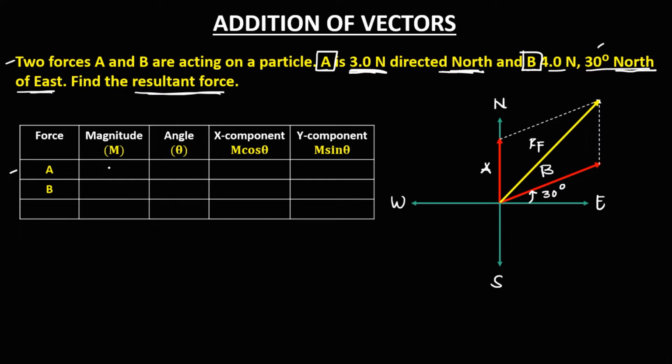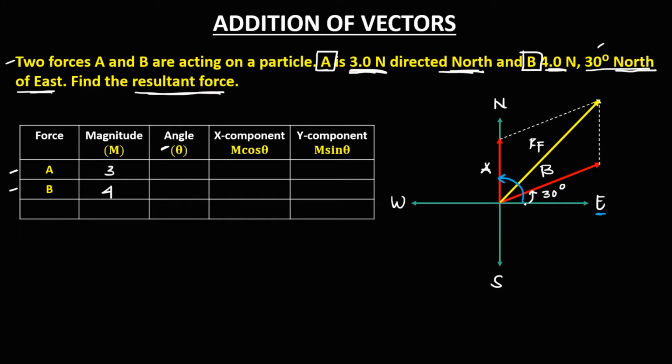Then using the components method to solve for the resultant force, for force A the magnitude is 3 Newton, so this one is 3. And for force B the magnitude is 4 Newton, so this one is 4. Then for the angle theta, take note that the angle always starts from the east. So from east to force A, the angle is 90 degrees.